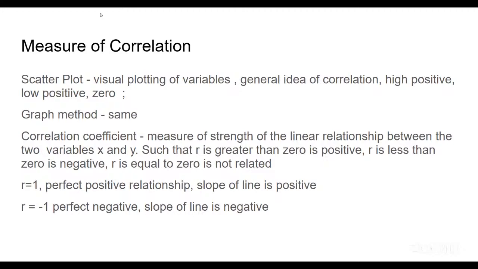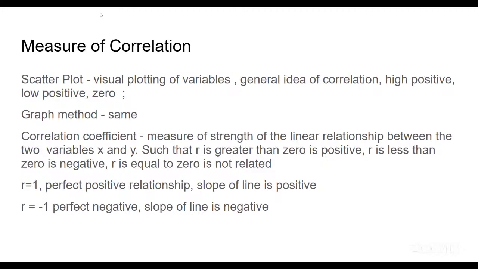So where was I? I was telling about the positive and negative correlation. The farther the points are from the straight 45-degree line, the lower is the degree of correlation, a weak correlation.